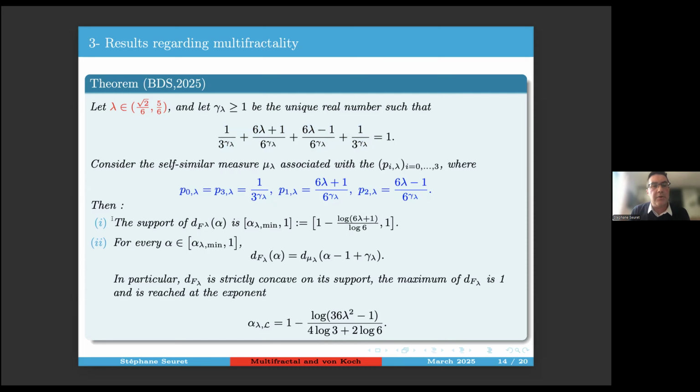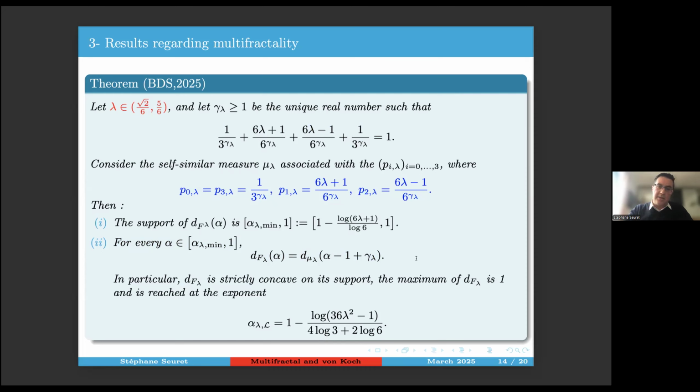And what is important is point 2 right here, that the multifractal spectrum of f lambda is directly related to the multifractal spectrum of mu lambda. It's the same value, but translated, right? The spectrum of f lambda is that of mu lambda, but translated by this value here, okay?